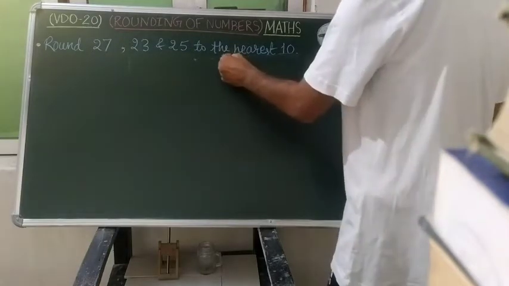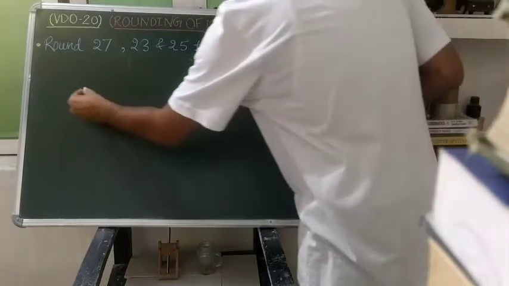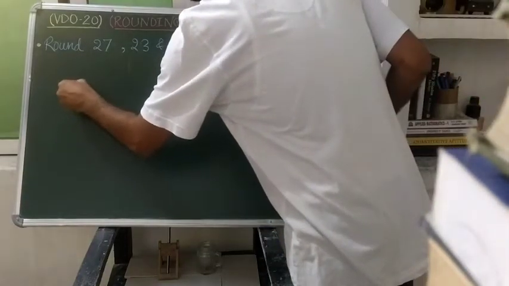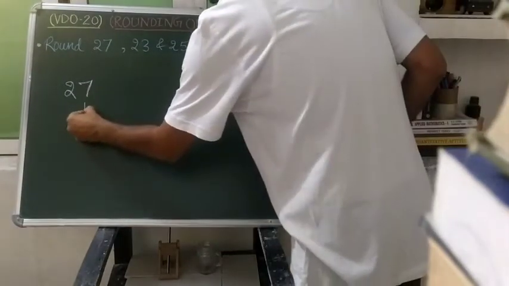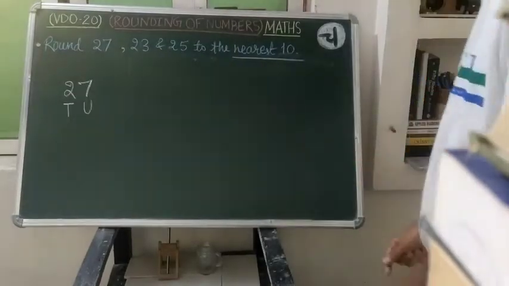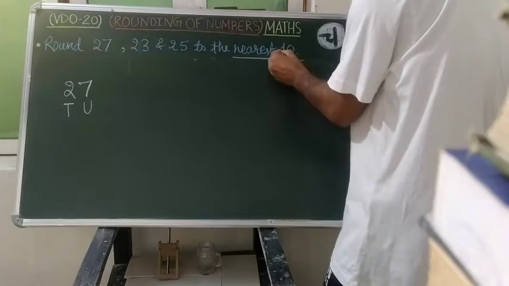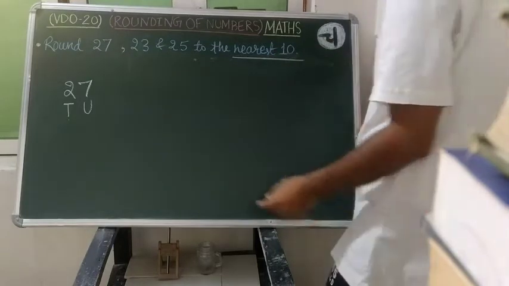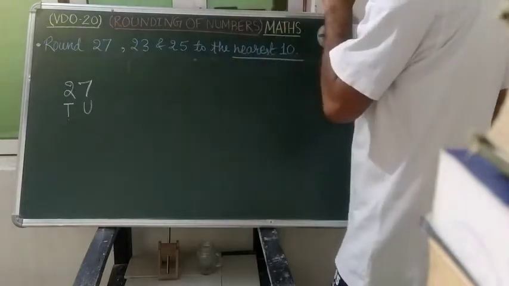We want to round to the nearest 10. So for 27, we are looking at the tens place. We want to round to the nearest 10, so the tens digit is 2.